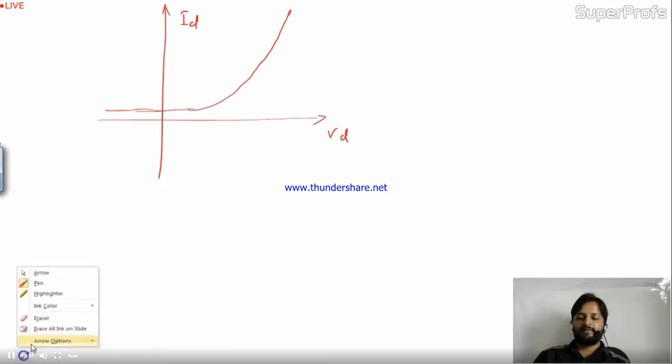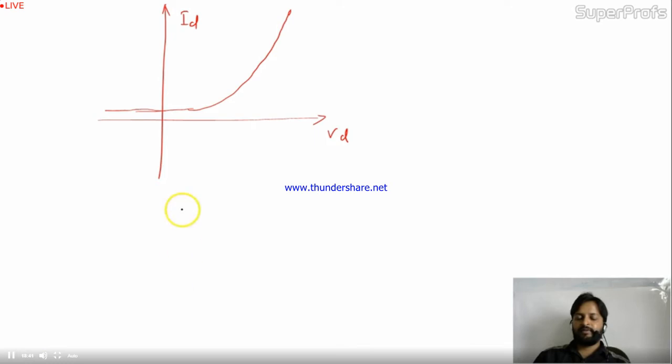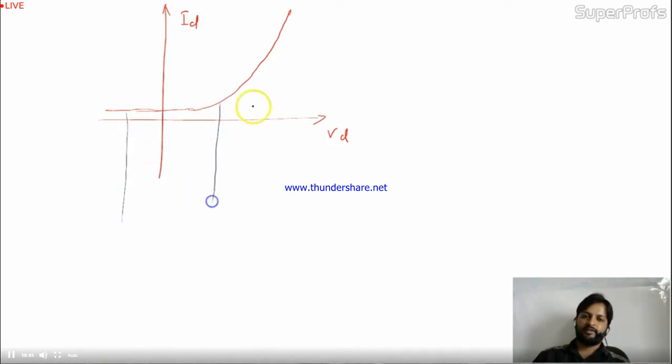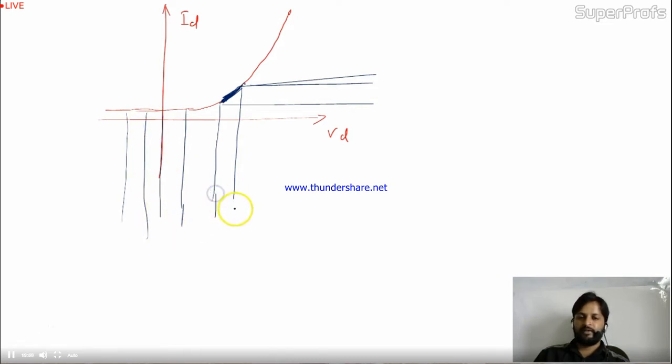Now you are applying some input and you are getting some output. But if you need some amplification kind of thing, see, here I'm taking this one as the working region, the operating region. In this region only I'll get the output, and this is the region where I'll apply the input.